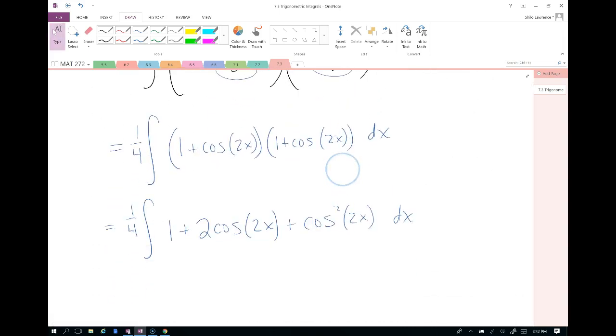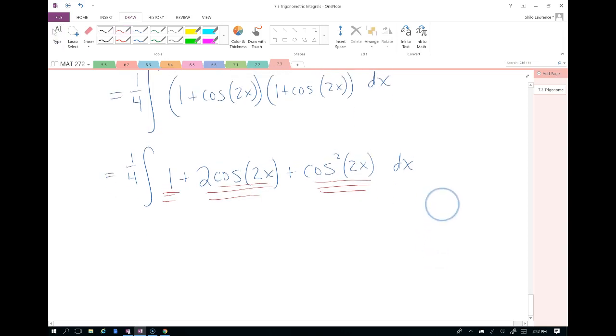We don't want any extra exponents. So my first term is fine. We can integrate that. My second term is fine. We can integrate that. But the third term has an exponent. It's got an exponent of 2. So we're going to have to do a power reducing formula just for that piece.